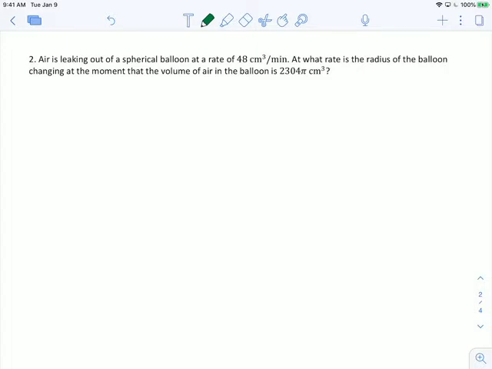So we want to read and figure out what's changing. And so we've got air leaking out. So the amount of air in the balloon is changing. And we're interested in the rate of change in the radius. So one of our variables, one of the quantities, is going to be the radius of the balloon.